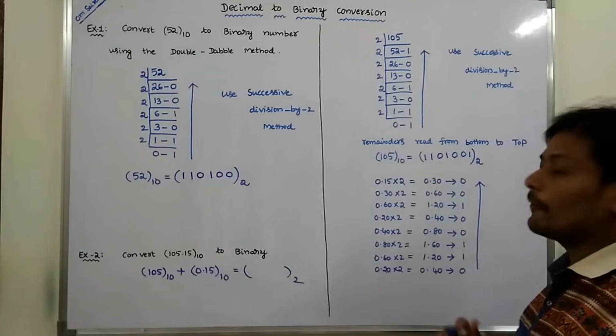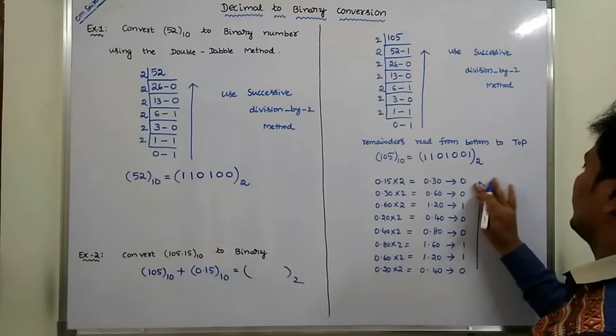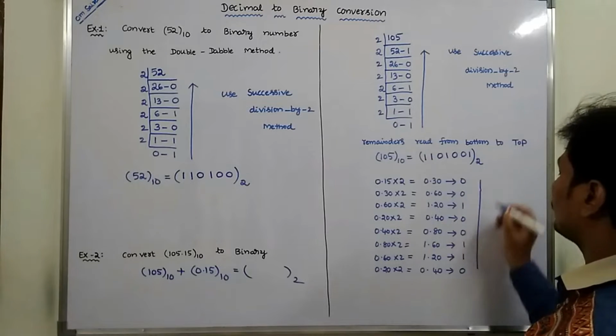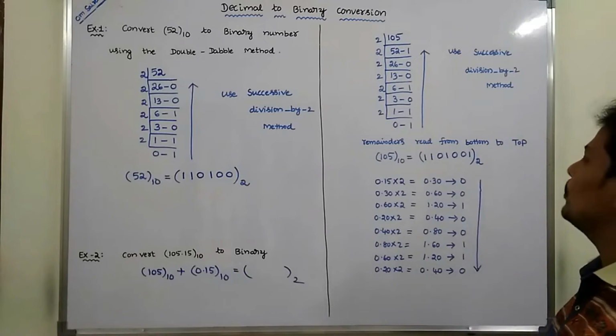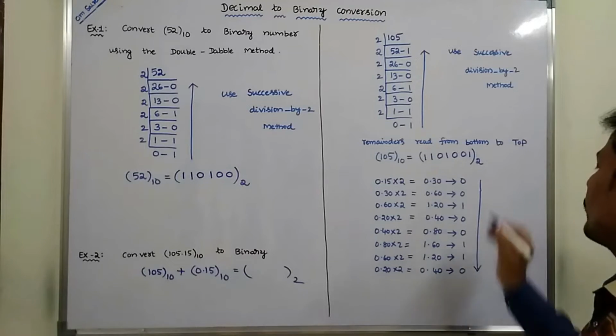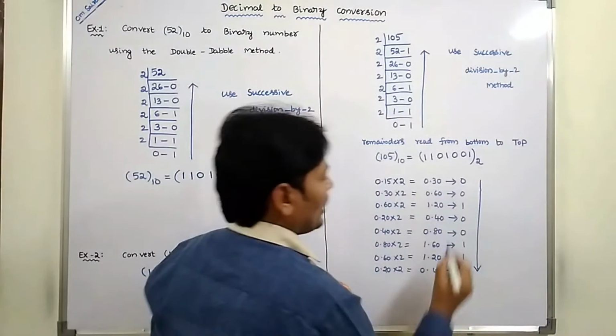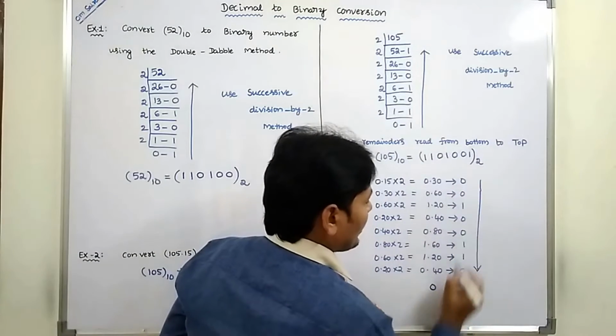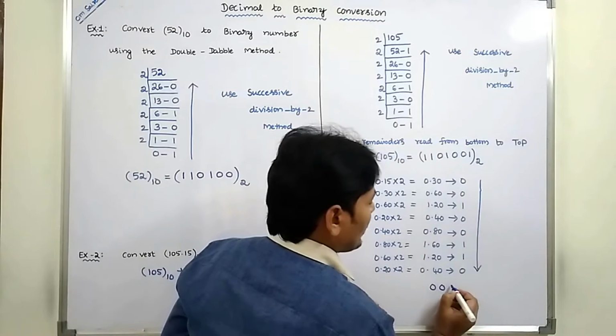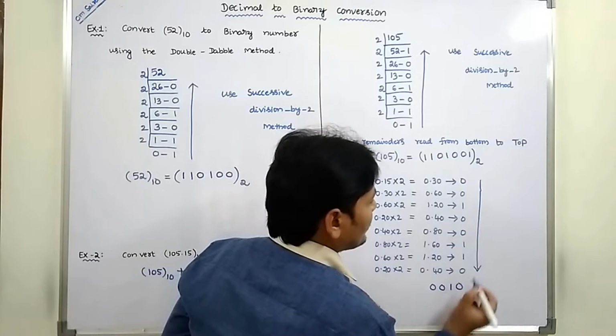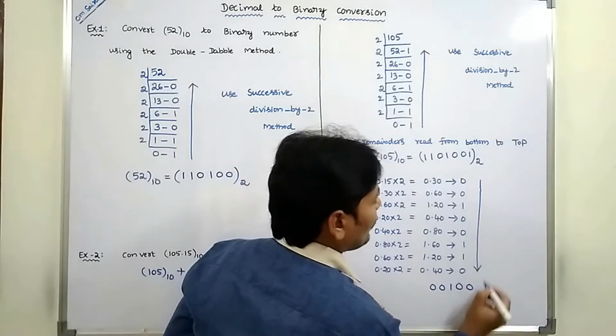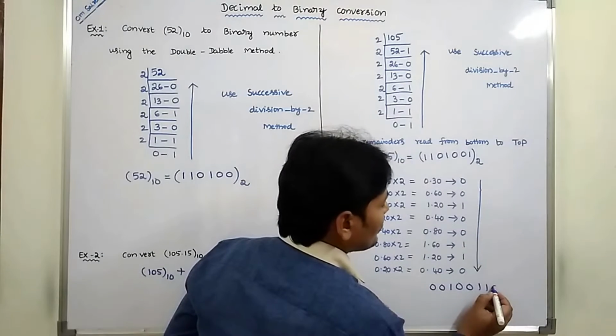integer parts from top to bottom. Okay, so top to bottom, here 0, next one is 0, next one is 1, next one is 0, next one is 0, next one is 1, 1, 0.